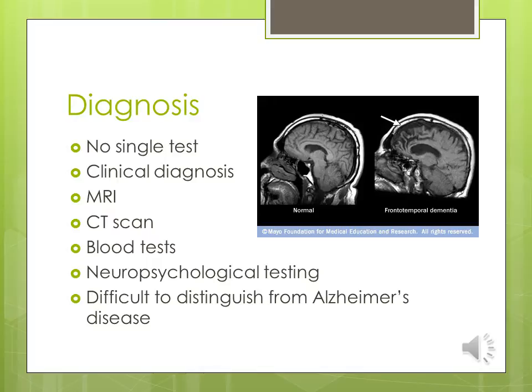And another article I found stated that, as with Alzheimer's and dementia patients, you often can't be sure of the diagnosis of this condition until an autopsy is done after the patient has passed away.